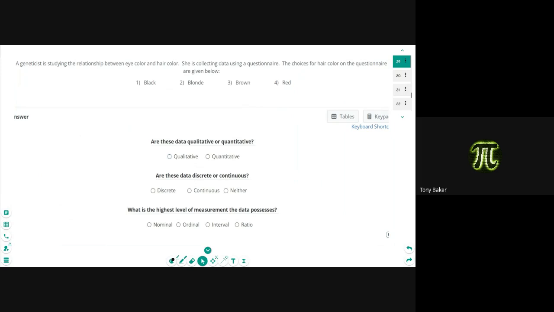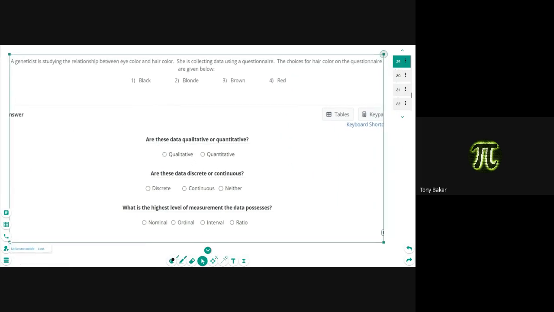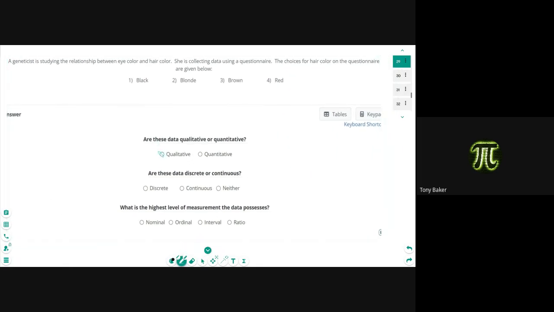What about this one? What was it? Qualitative. Why? Okay, so this is qualitative. We're just looking at colors, right? Even though they have numbers in front of them, the numbers really don't mean anything. It's just how they made their list.